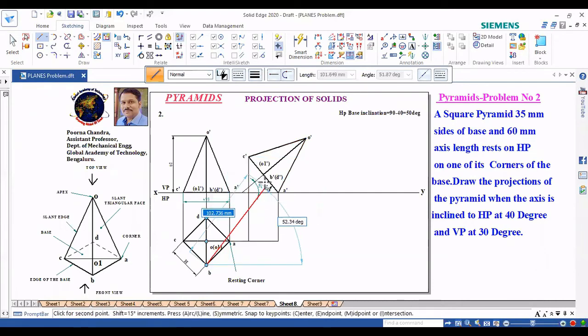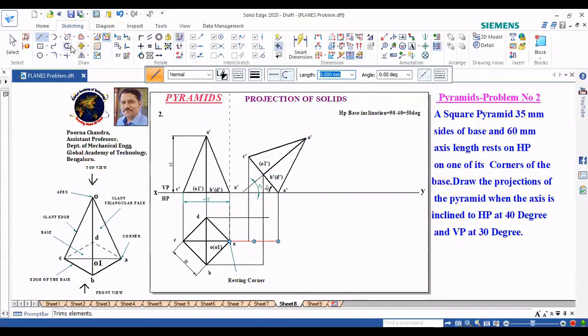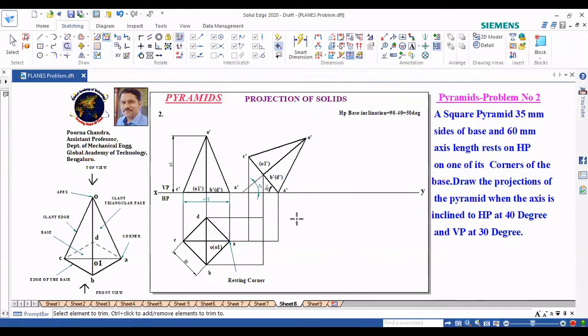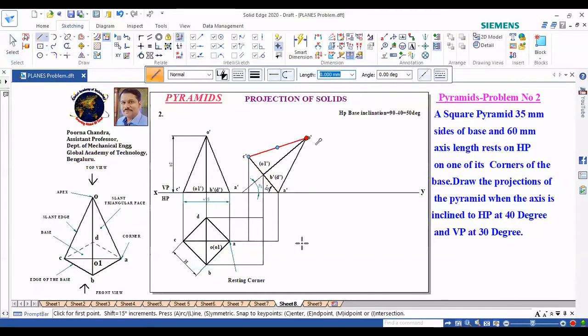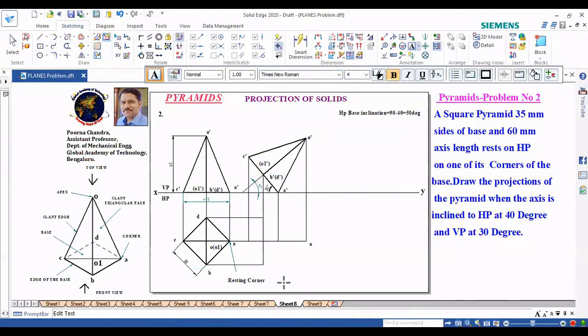Next B will come somewhere here, you can just join. You can just project as usual, trim this. So you get A, B, C, D, but we have point O, which comes again here itself, you can join this. First we shall do the naming for this.